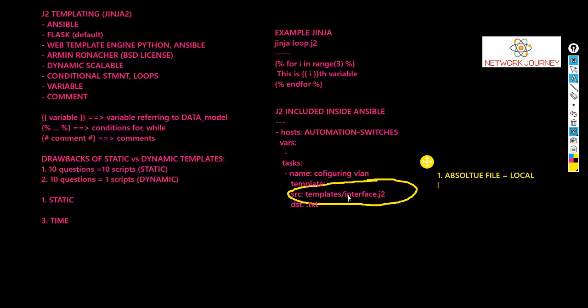I can say local file. The second, if that was not over there, it will check relative to the project path. Now let's say you created a project, it's going to check over there as the second thing, because you have a variable and you have a source.